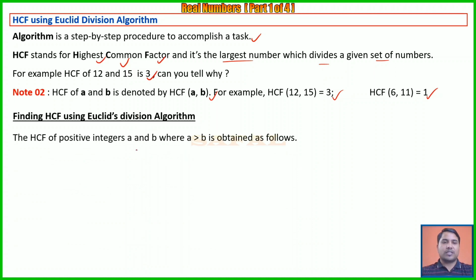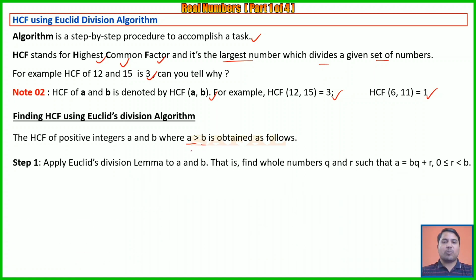Let's take the two positive integers as a and b such that a is greater than b. In step 1 we apply Euclid division lemma to a and b, and we write a equals bq plus r, where r is greater than or equal to 0 and less than b.